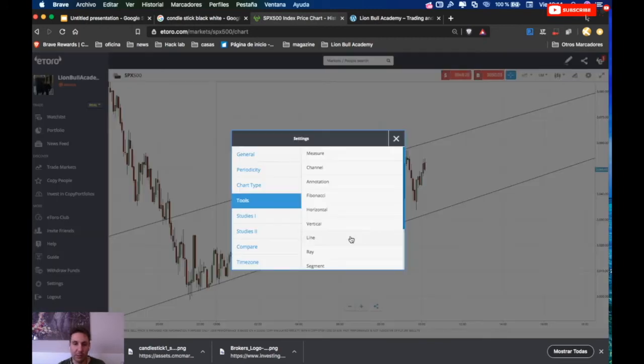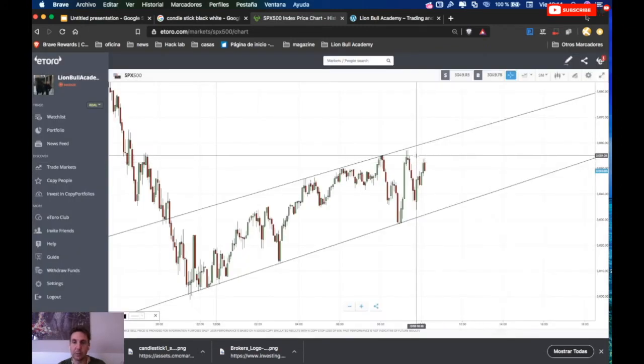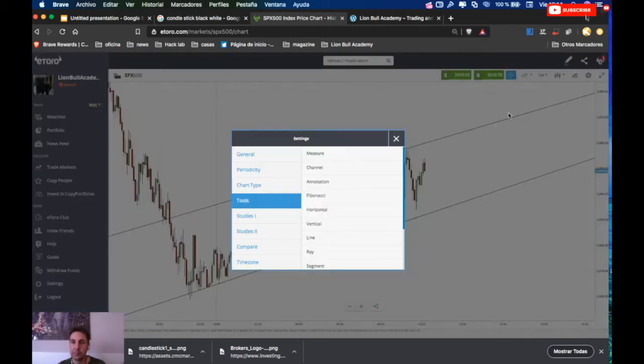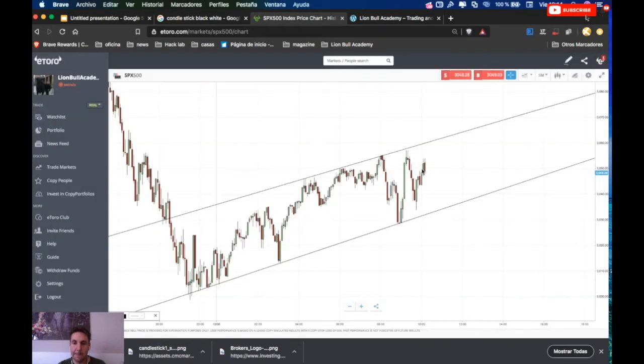Okay, let's make one line. The price goes down, down, down, down. Then here it will touch, after which we call this a pullback.